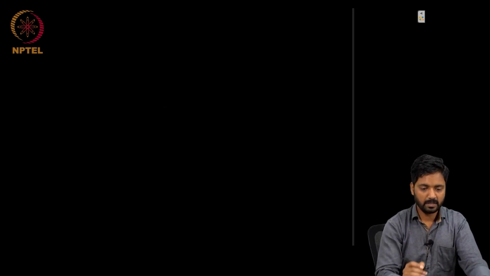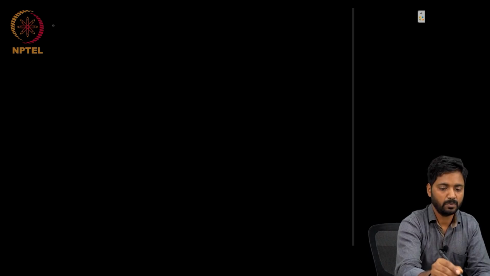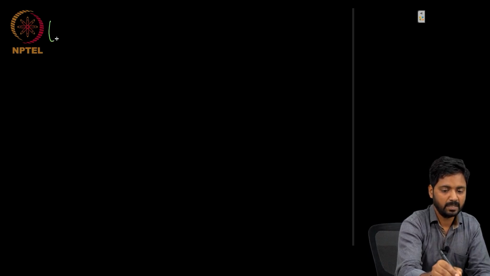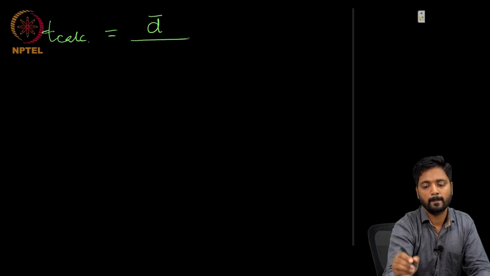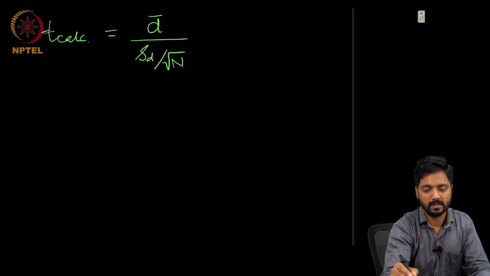So again here, please remember that we will apply the same protocol, except that the t calculated value here will be d bar divided by SD by root n.